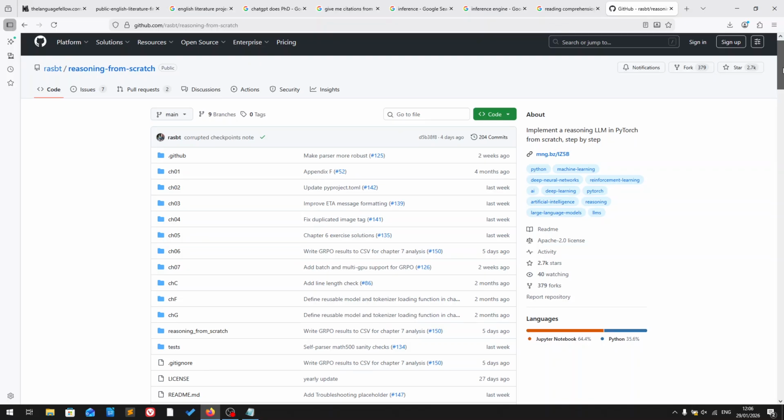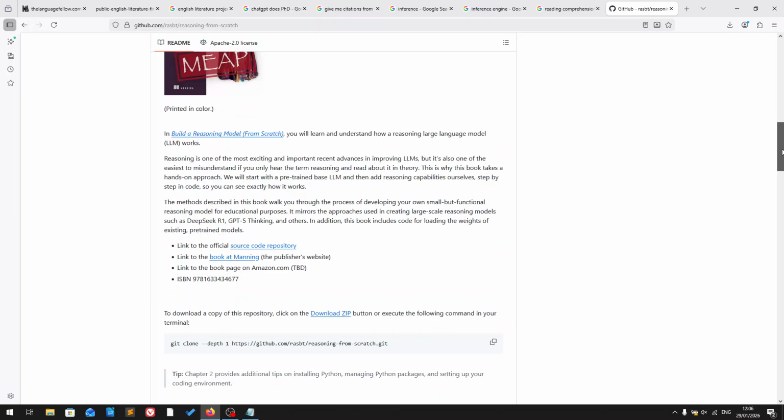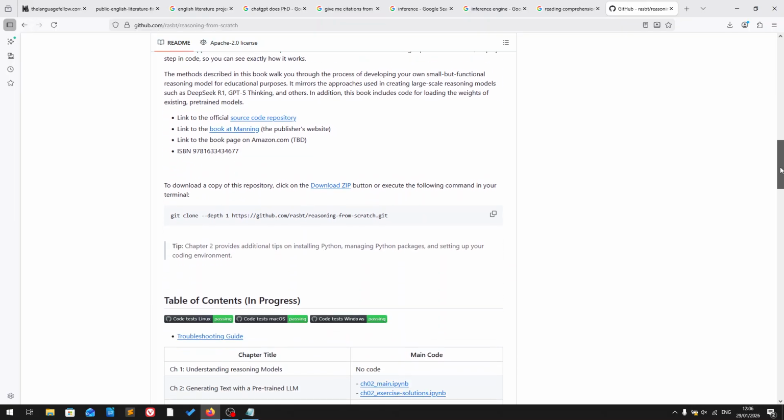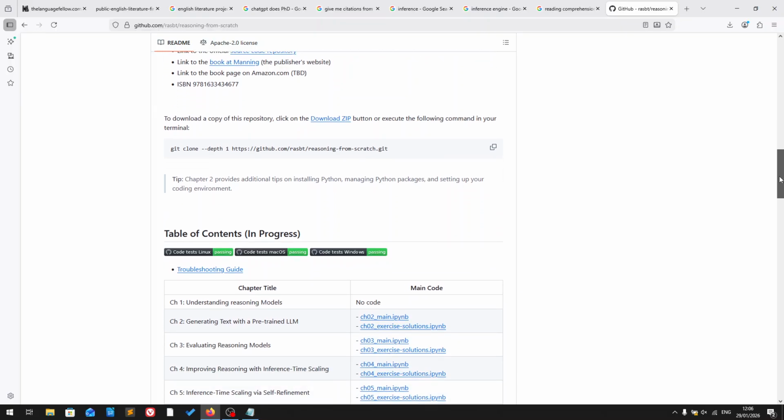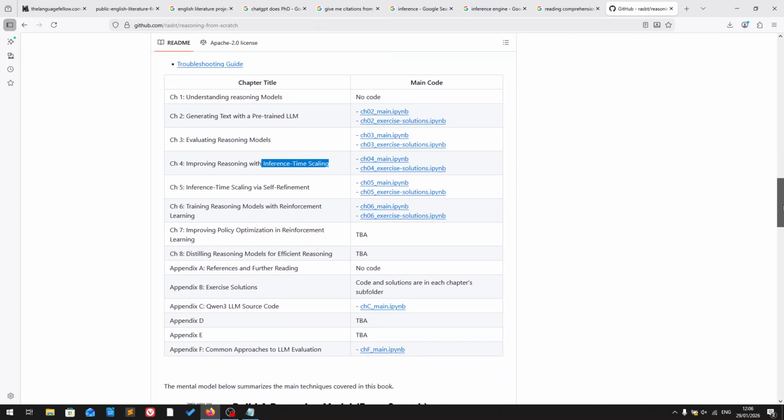That's a book, and generating text with a pre-trained LLM, evaluating reasoning models, improving reasoning with inference time scaling. What is inference time scaling? You'll have to, I mean, that is a lot of work on your own, right?